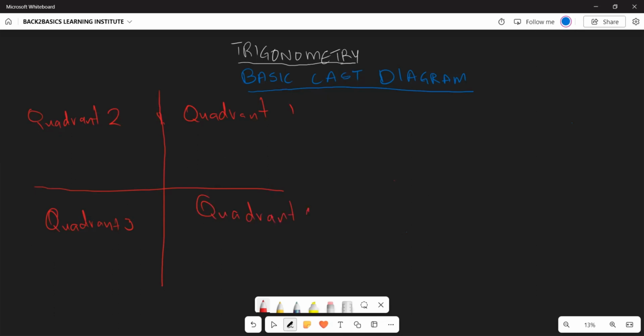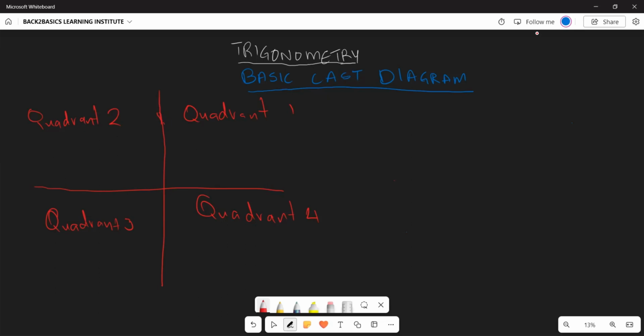So this basically helps you to understand or to remember which ratios are going to be positive and in which quadrants they are positive, right?